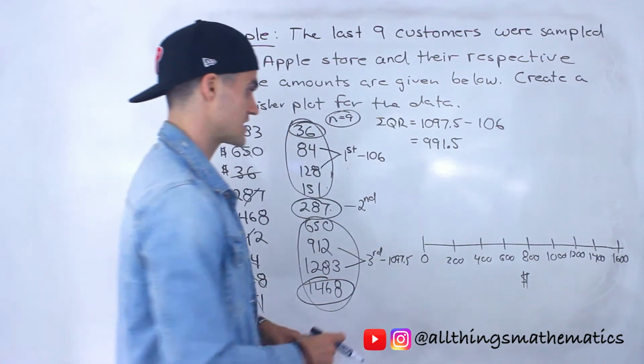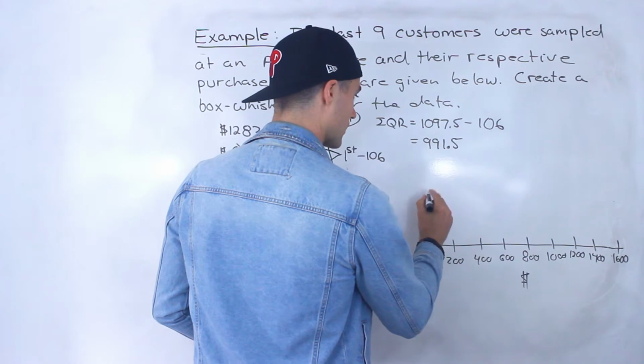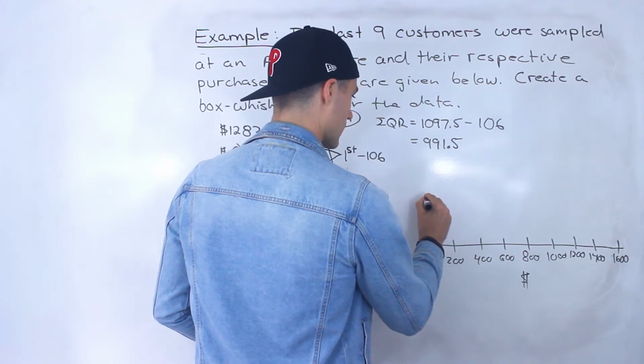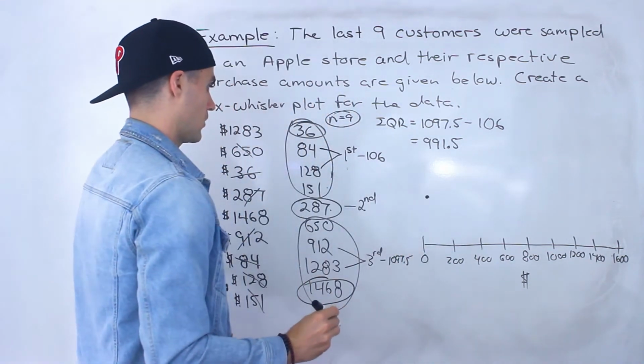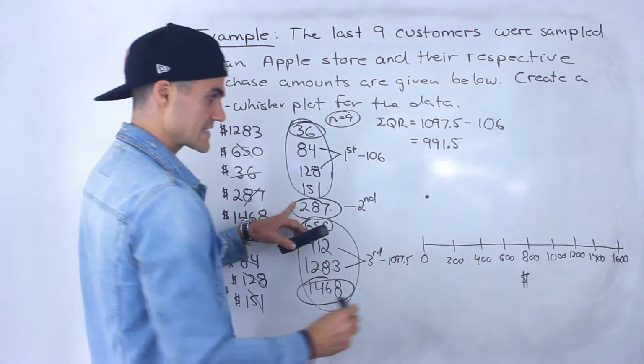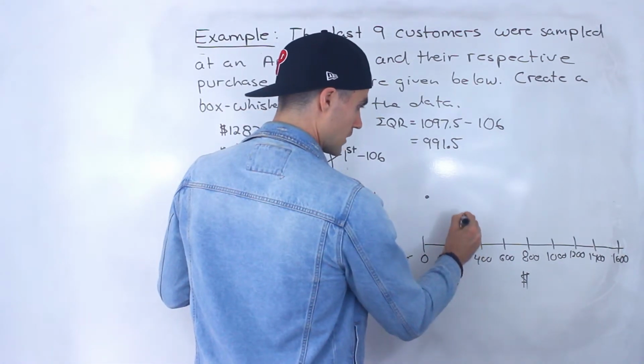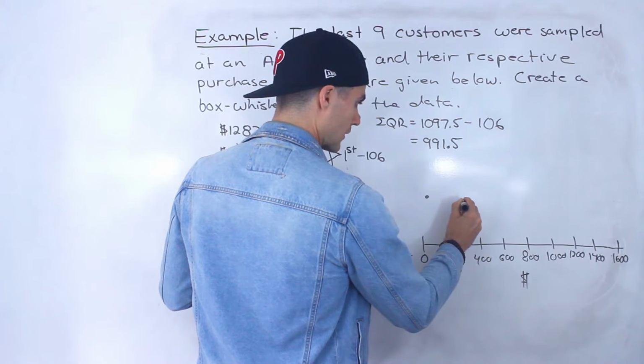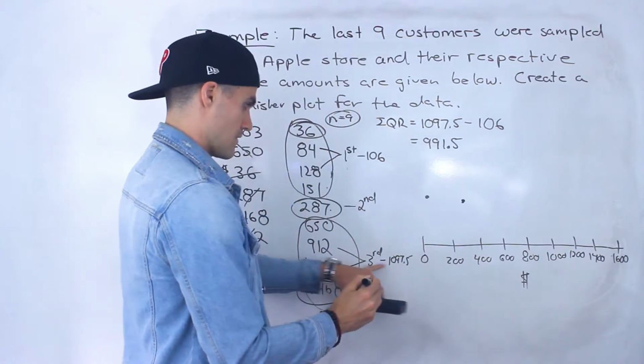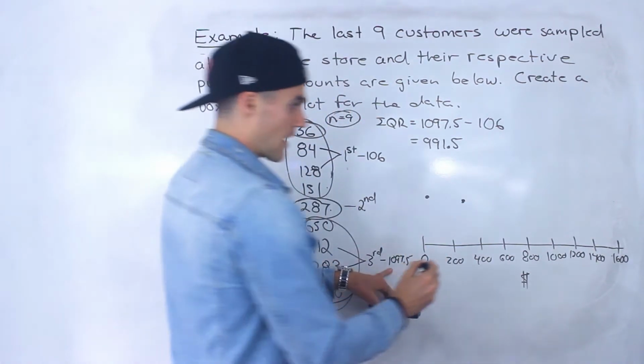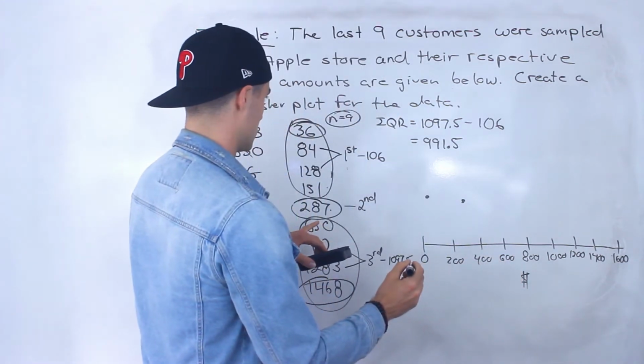So first 36 would be over here. And then we'll have 287, which would be around there, let's say. Then we'll have 1097.5, or no, sorry. What did I miss?